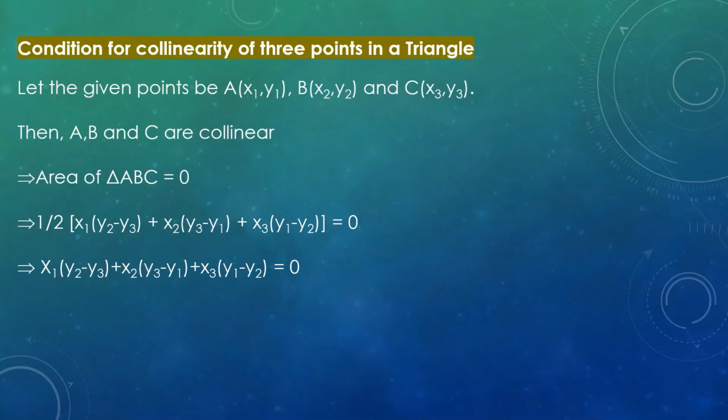So half of [x1 into (y2 minus y3) plus x2 into (y3 minus y1) plus x3 into (y1 minus y2)] equals 0. That is, x1 into (y2 minus y3) plus x2 into (y3 minus y1) plus x3 into (y1 minus y2) equals 0.